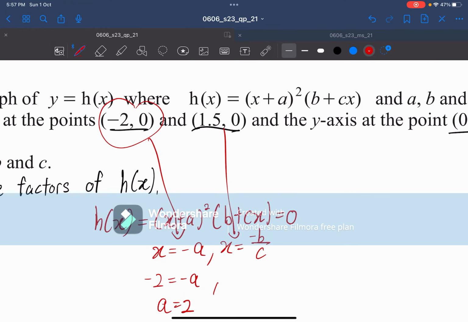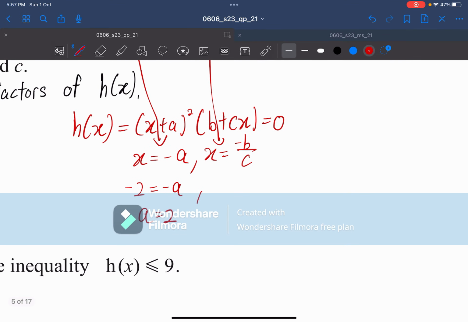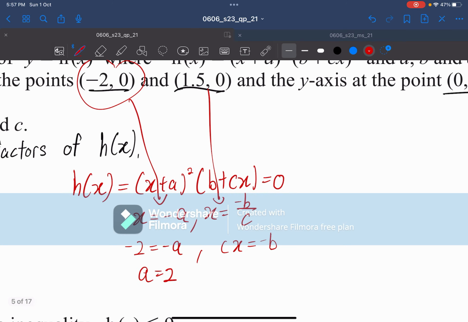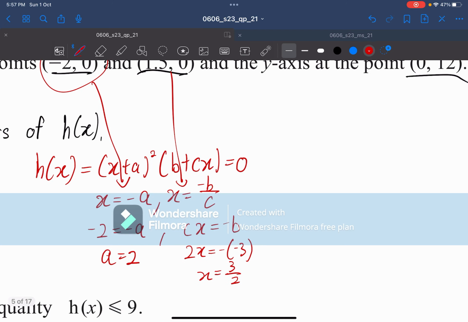We don't know, because if you were to look at it like this, cx equals -b. If b were to be -3 and c were to be 2, you can get 3/2. But it can also be that c is -2 and b is 3.